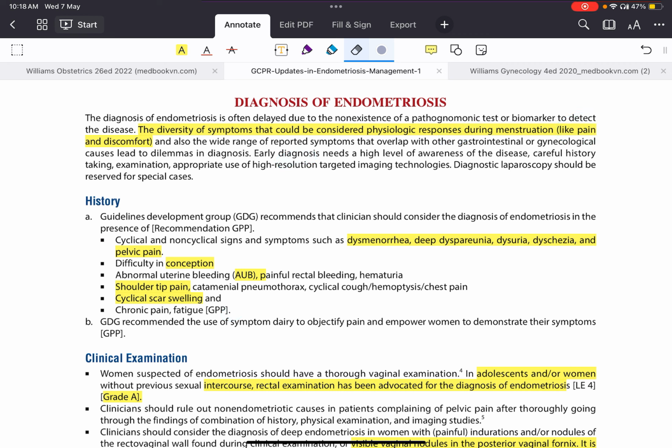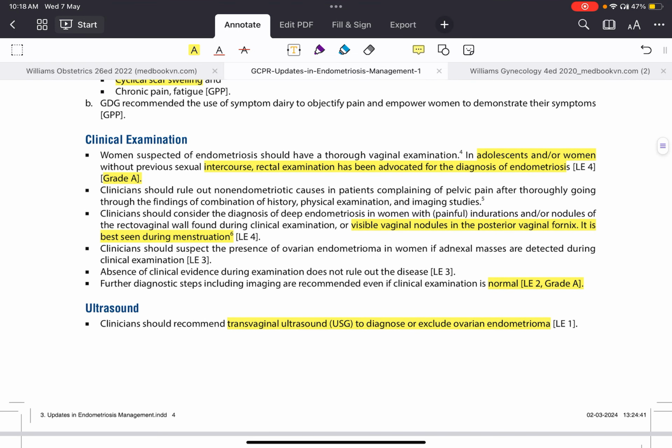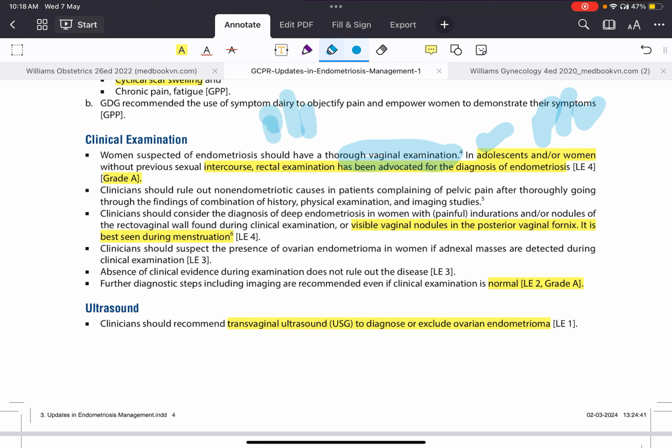Coming to clinical examination, we should have a per vaginal examination first thing. So PV should be done, except for adolescents and young females who don't have a previous intercourse history. Then rectal examination, PR, is done.